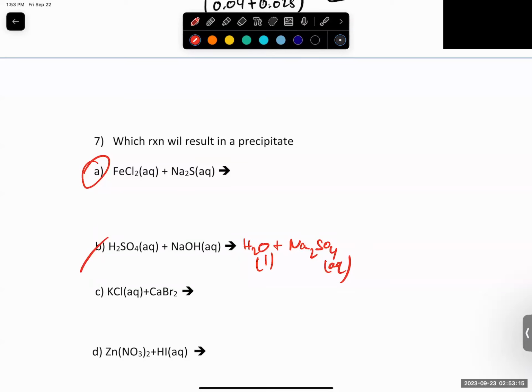All right, what are the products for C? Potassium bromide, calcium chloride. Now, are either of these insoluble? No, because again, anything with a group 1 element is soluble, aqueous. And then chlorides are normally soluble, and is calcium one of the exceptions? What are the exceptions?